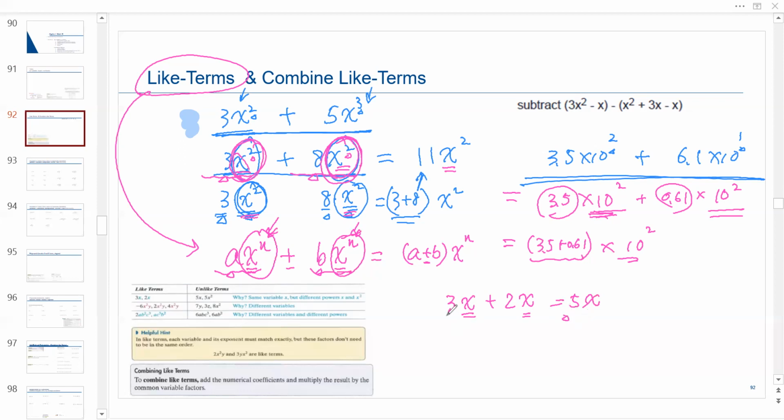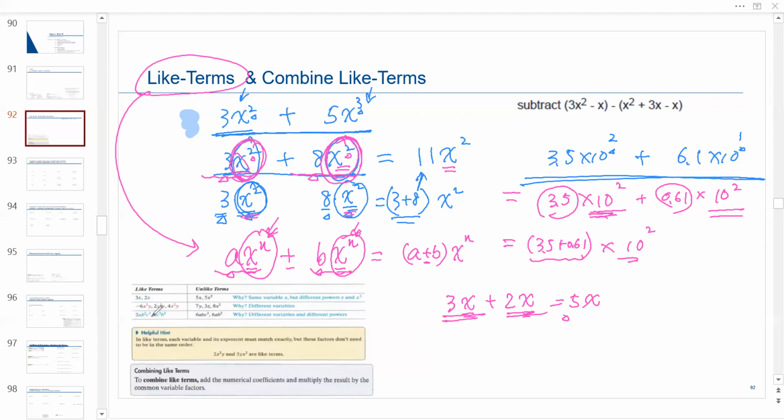Why do we get 5? Because x is the common factor. Take x out, so 3 plus 2. So actually 3x and 2x are like terms, so they can be combined together. Only the coefficient part does the addition. The rest we don't need to change. Okay, so let me give some examples here.